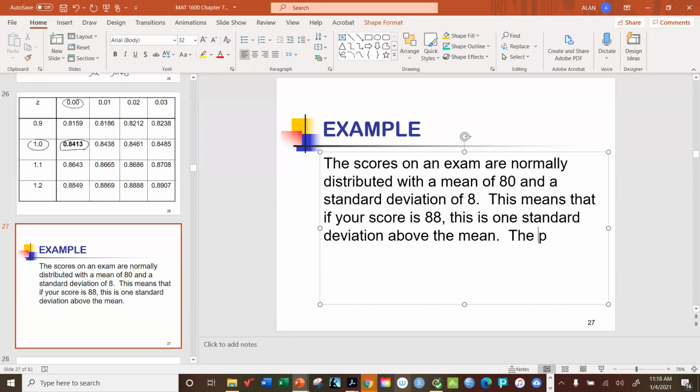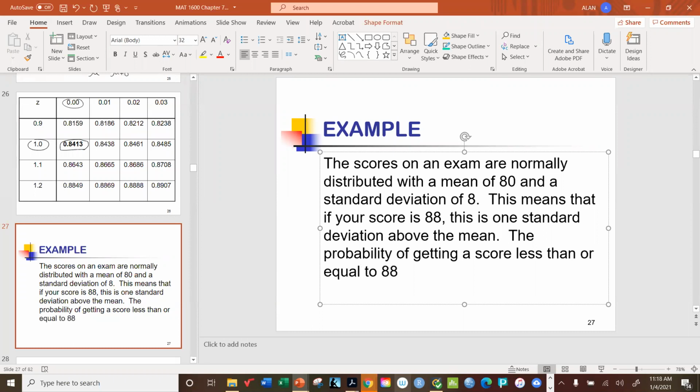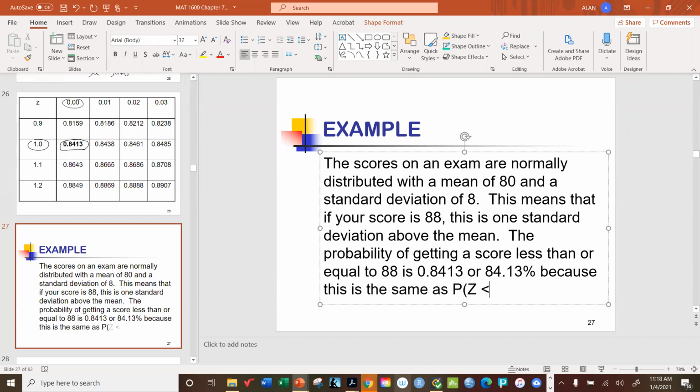The probability of getting a score less than or equal to 88 is therefore 0.8413, or 84.13%, because this is the same as the probability that z, our standard random variable, is less than or equal to 1.